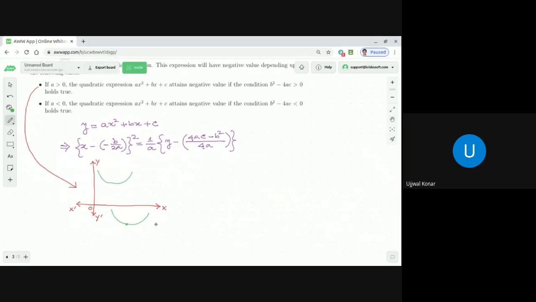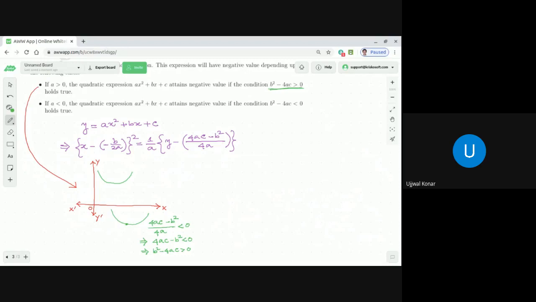Y coordinate is 4ac minus b square divided by 4a, which is less than 0. Now, here a is greater than 0. That means if we multiply both sides of the inequality by 4a, the inequality will remain the same. That implies 4ac minus b square is less than 0. That implies b square minus 4ac is greater than 0, which I have written here.